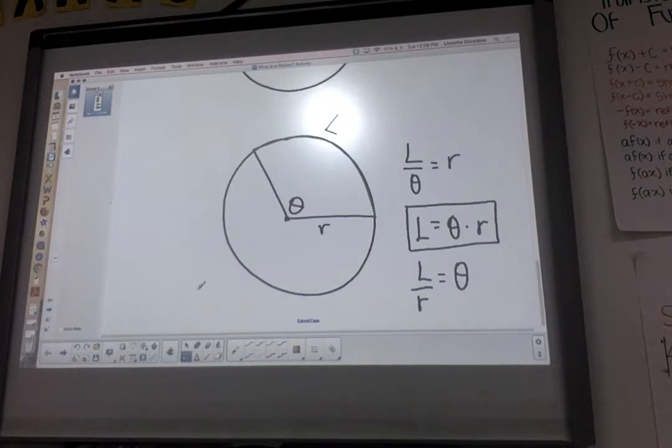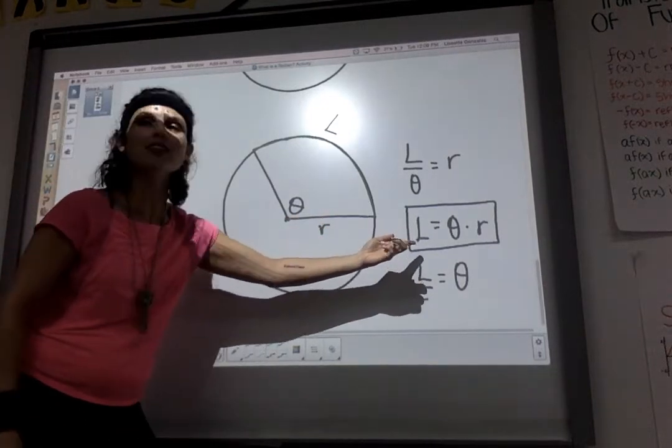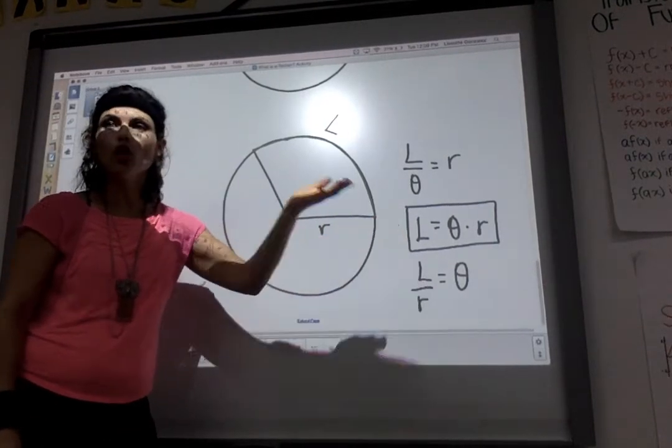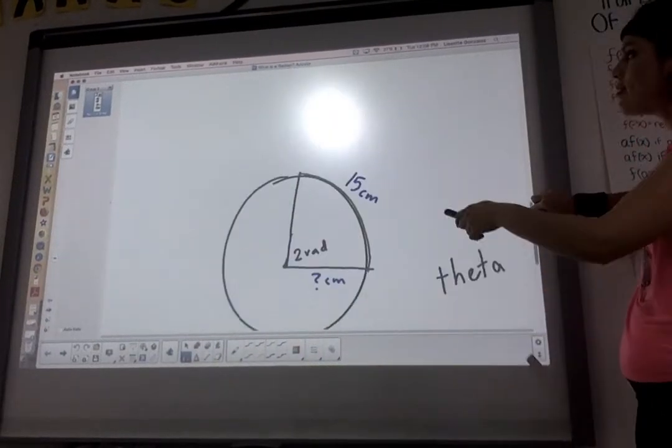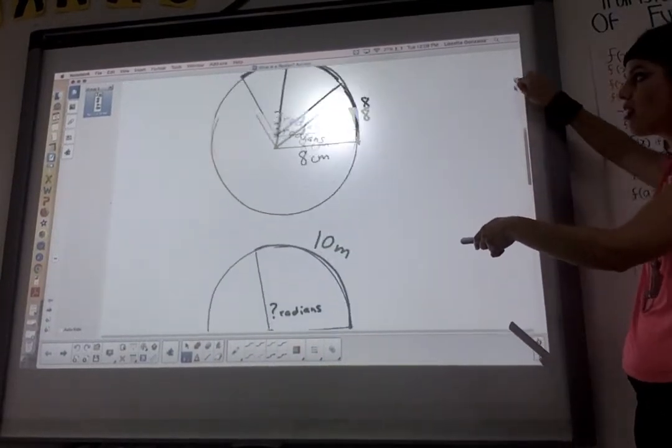Do you remember that? Yes. You came up with that. That's arc length. You came up with that by doing these little. Do you remember this? Yes.